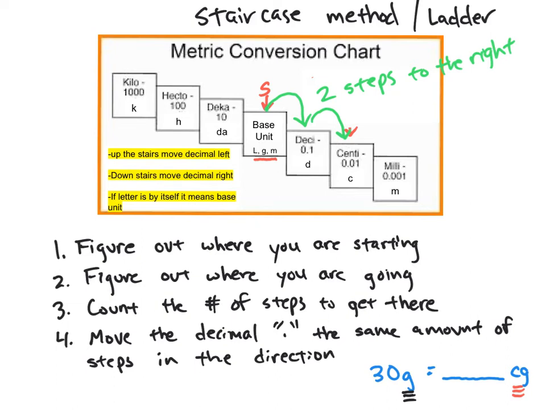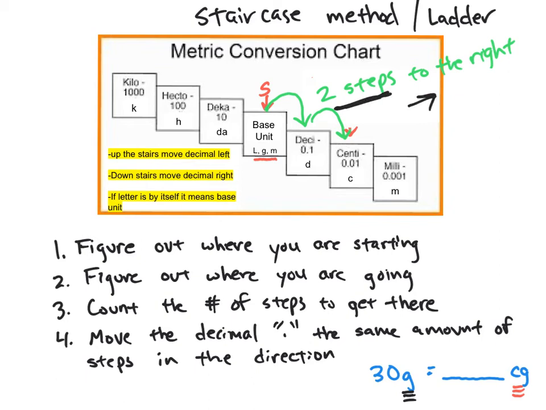Now, if we look at this problem, I moved the decimal the same amount of steps in the same direction. So how many steps did I take? I had 2 steps to the right.